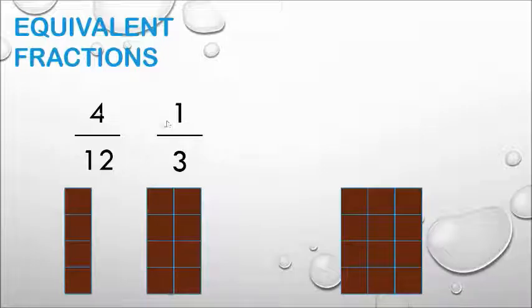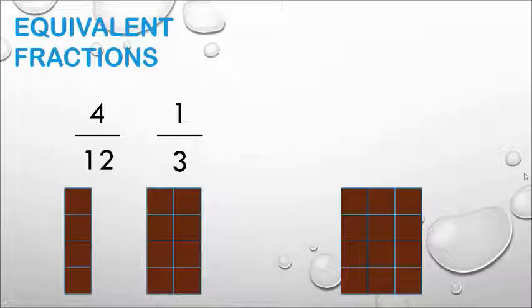So we have 4 on 12 being the same fraction as 1 on 3. And we can see here that 4 multiplied by 3 gives us 12.